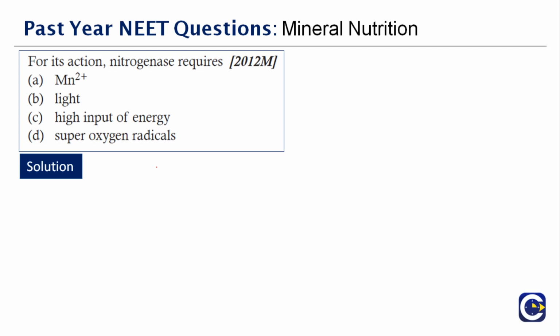Nitrogenase is an enzyme produced by certain bacteria such as cyanobacteria. These enzymes are responsible for the reduction of nitrogen to ammonia or ammonium. Nitrogenase is the only family of enzymes known to catalyze this reaction, which is a key step in the process of nitrogen fixation.